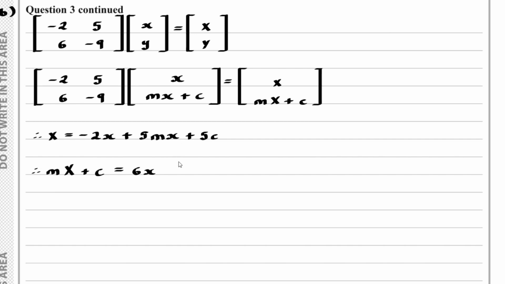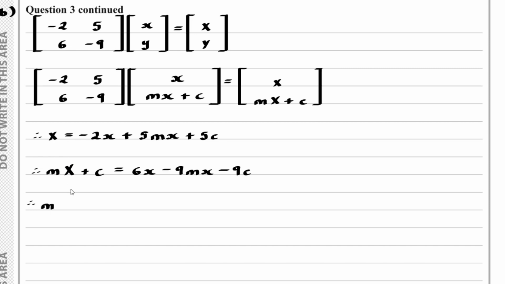6 times x, which is 6x, and then negative 9 times mx plus c, which is negative 9mx, subtract 9c. And now that I know what capital X is, that's negative 2x plus 5mx plus 5c, I can replace this capital X with that.